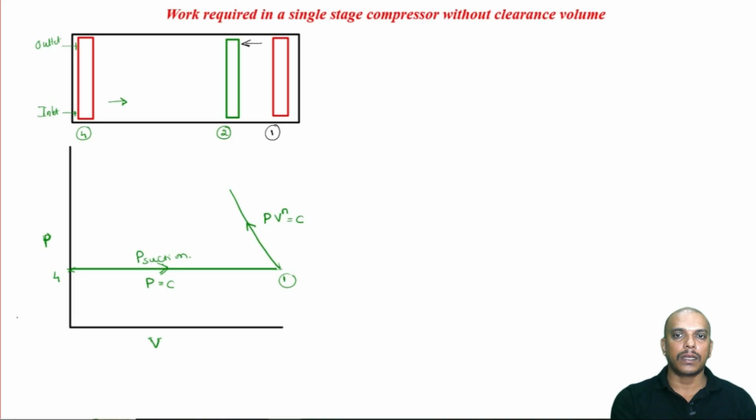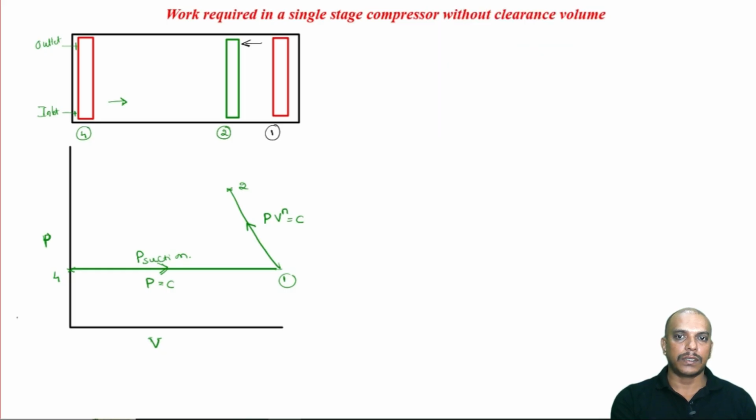We could assume it like a reversible adiabatic process, but we want the heat to be lost to the surroundings, otherwise it becomes difficult for the compression process. Once we reach the delivery pressure P2, we can open the outlet valve, and then it is delivered.